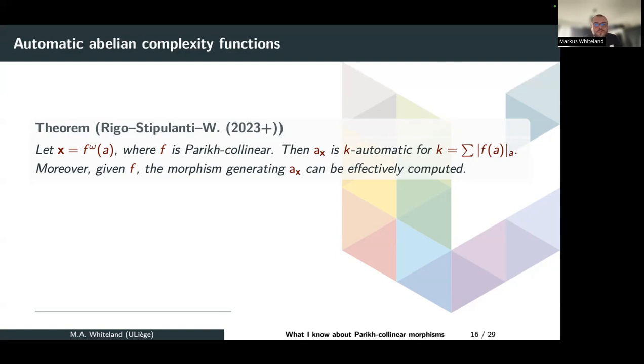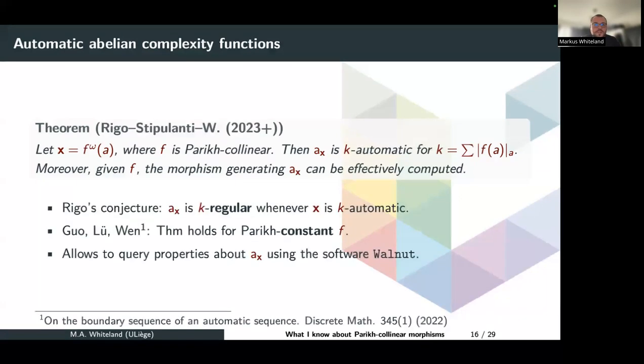And moreover, you can effectively generate this abelian complexity function. You can construct the DFAO, for example, that generates the abelian complexity function. And this is, as a remark, supporting Shallit's conjecture that the abelian complexity function of a k-automatic sequence is k-regular. If you don't know what k-regular is, don't worry. This is just to point out that there is such a conjecture, and this is supporting it.